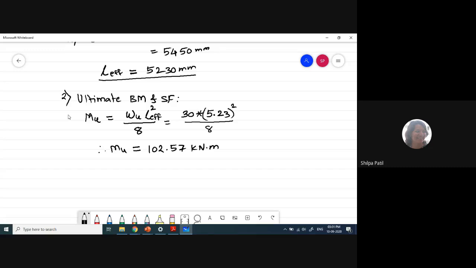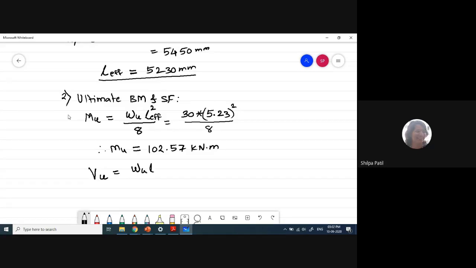Now next is shear force Vu. Again, for a simply supported beam subjected to UDL, what is the formula for maximum shear force? WL by 2.